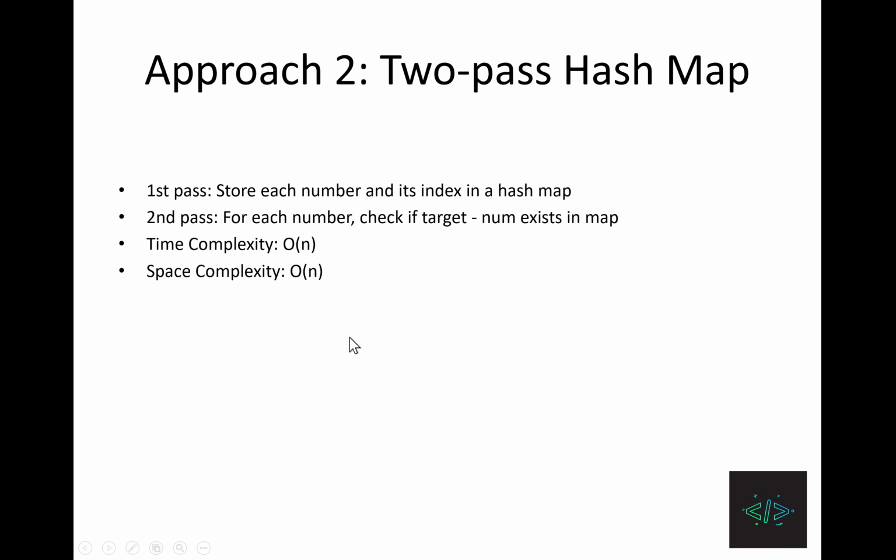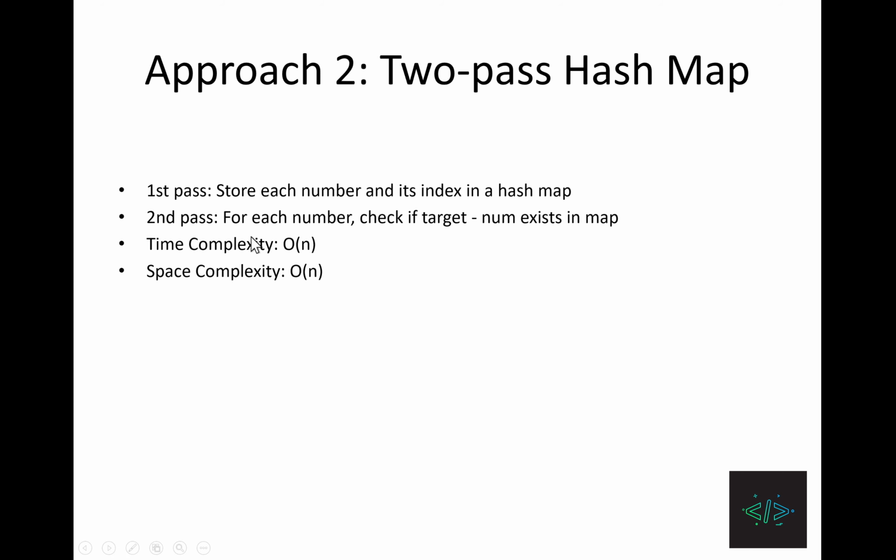Basically we have 2 passes. In one pass we travel the whole array from index 0 to n minus 1, and we store each number and its index. For the first number we store index 0, then for the second, index 1.